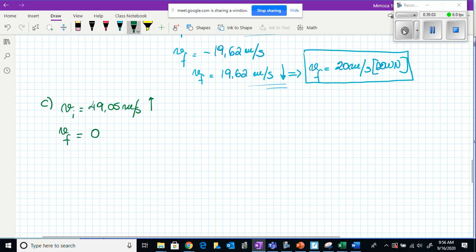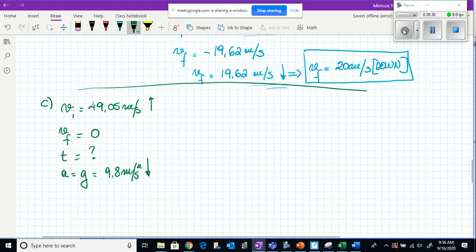And we are looking for the time. How long does it take? Now, as I said even in the second part, the acceleration is equal to 9.81 meters per second squared going down. So now, what is the formula that we will use?